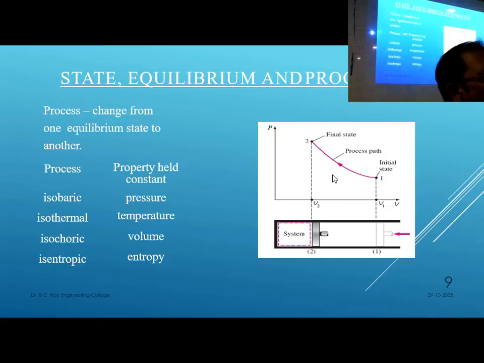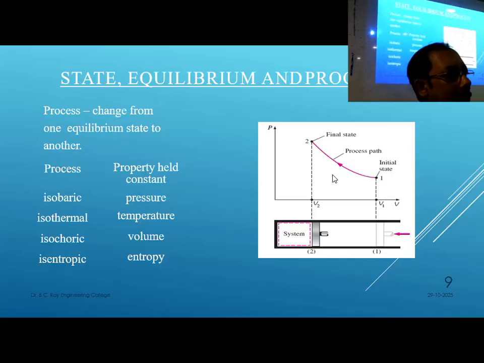Compression is going on slowly, and whatever heat is generated, that heat will be dissipated to the surrounding in a nice manner, because it is getting sufficient time. No problem. So that's why we could not feel the temperature rise.